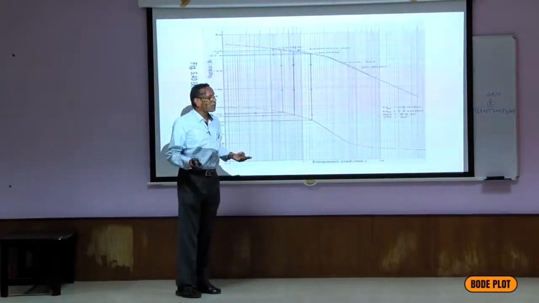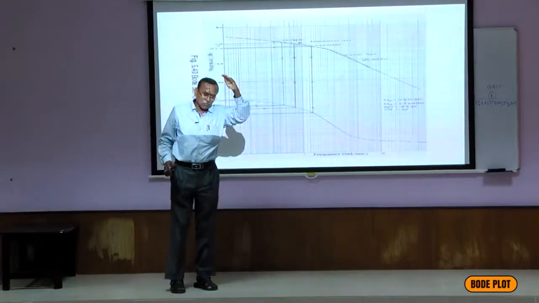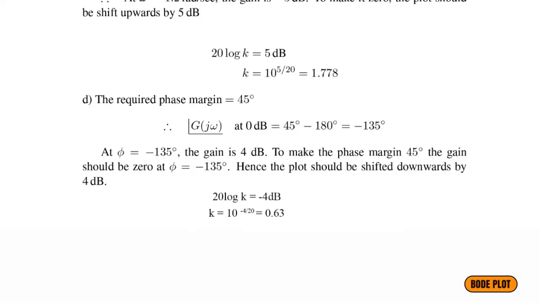Minus 4 dB or plus 4 dB? Above, so plus 4 dB. At minus 135 phase, it is 4 dB, but it must be 0 dB. At 0 dB only we will see the phase margin. So to make this 0 dB, we have to add minus 4 dB. Therefore, 20 log k equal to minus 4 dB, so k equal to 0.63.